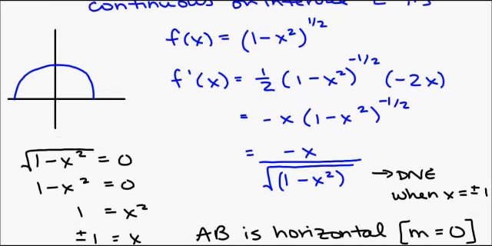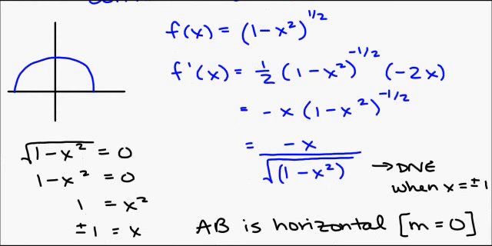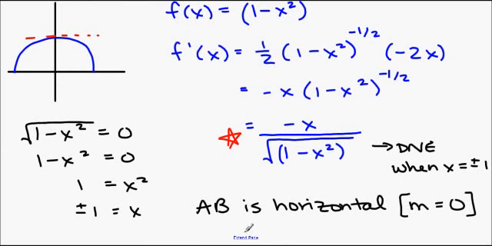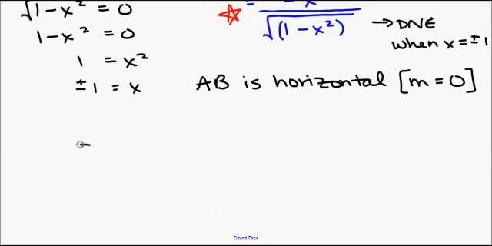Okay, and now at what point will this derivative also equal 0? So where will this have a tangent line that is equal to 0? And I'm going to guess right here. Let's see how that goes for us. So negative x over the square root of 1 minus x squared equals 0.